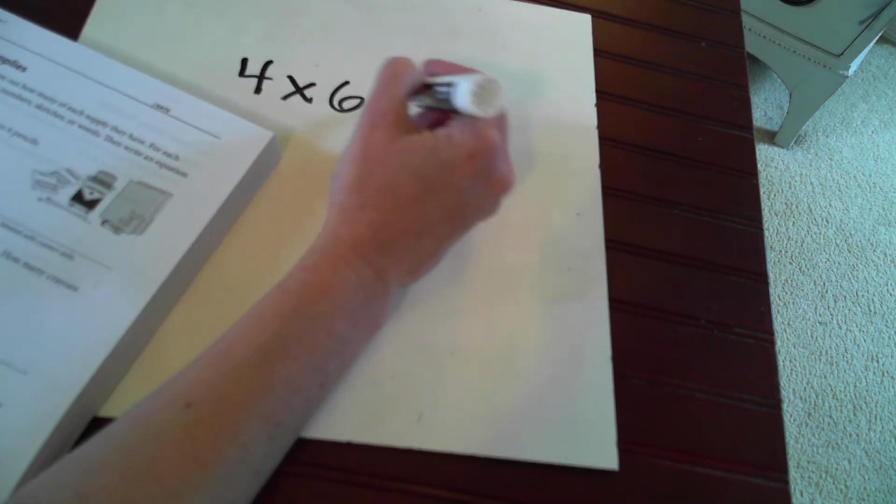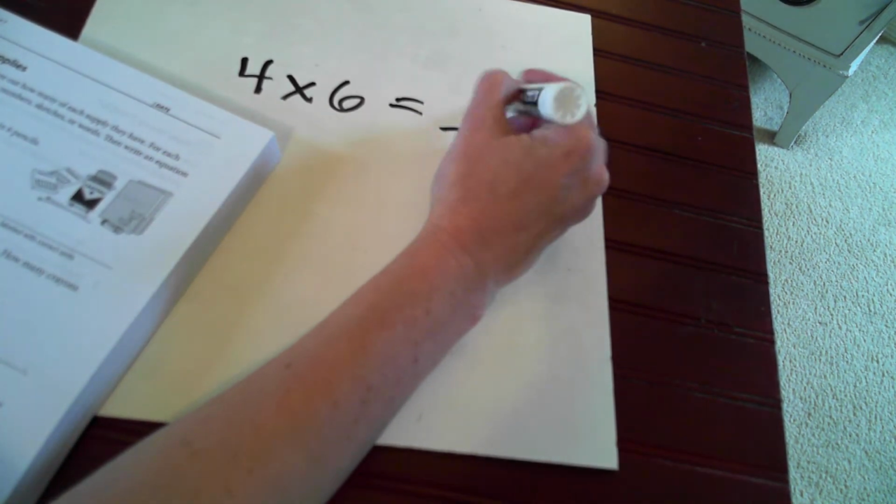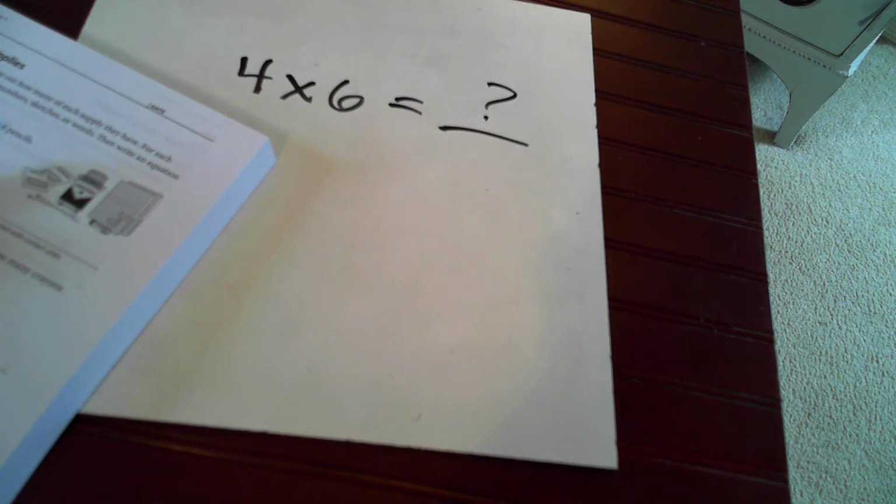The 4 students at table G each brought in 6 pencils. How many pencils are at table G? So I have 4 students, and I'm on my scratch paper. I have 4 students, and each student brought in 6 pencils. So I have 4 groups of 6.